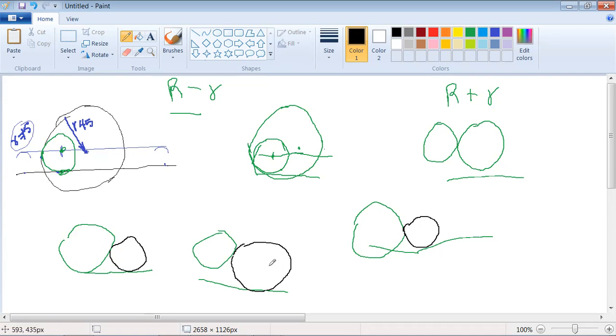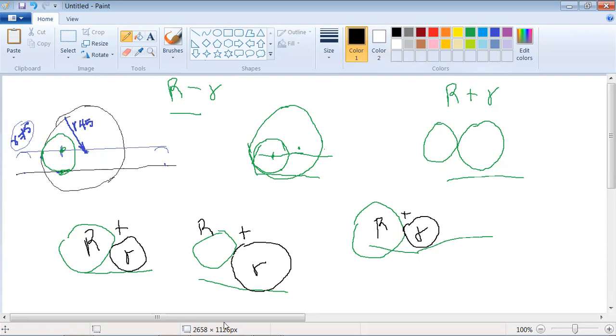In all three cases, you consider the radius of this circle plus the radius of the circle that you want. Radius of this, plus the radius of the circle you want. Radius of this plus the radius that you want. In all three cases it's the same thing, just addition.